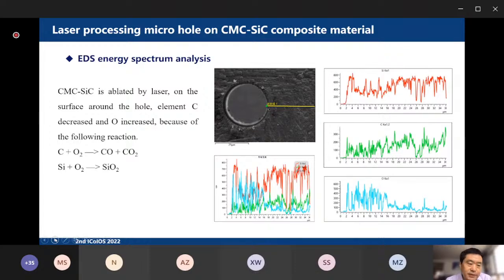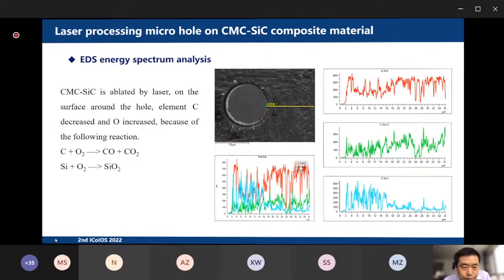The carbon and the oxygen generate CO and CO2, and the silicon and oxygen will generate SiO2. So next step.